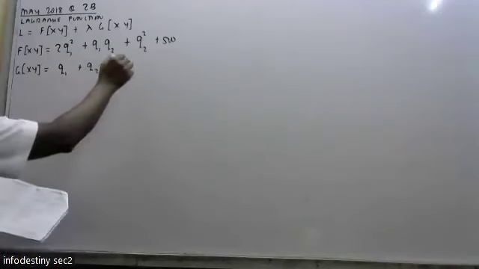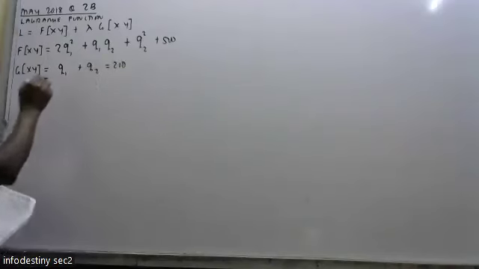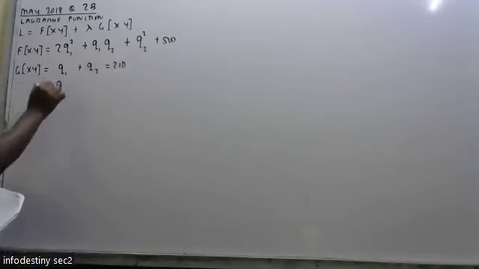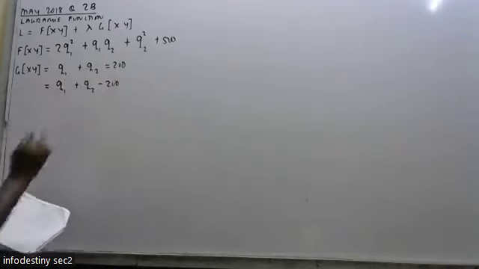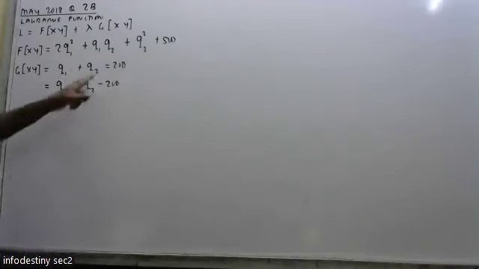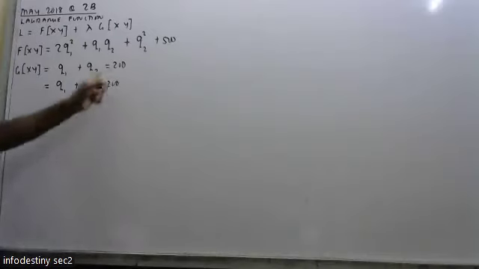Now, this one is usually written as Q1 plus Q2 minus 200, so that you do not have two equal signs in the same function. So this one comes to this side.